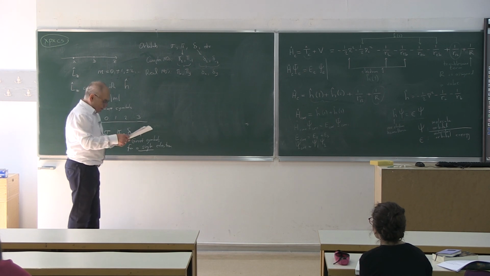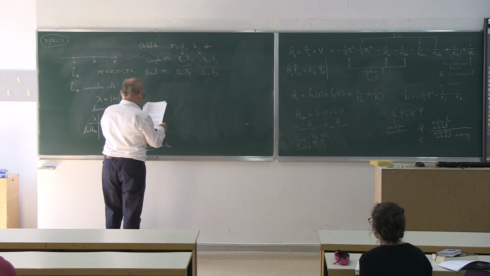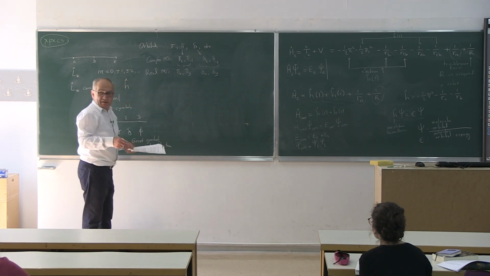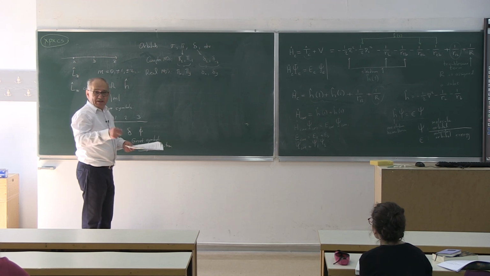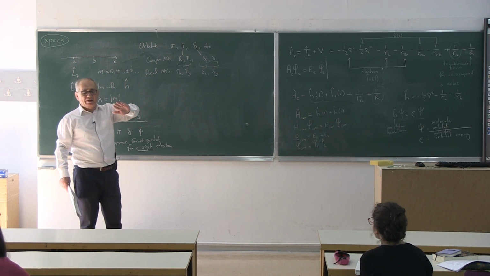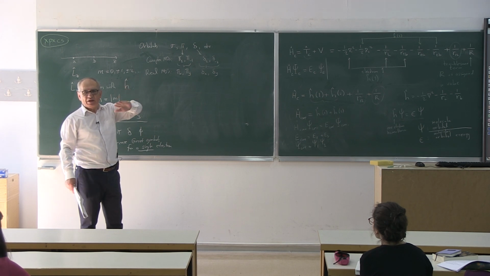And the property is nodal plane. We have discussed what a nodal plane is before, but let me remind you again. A nodal plane is a plane on which a function has 0 value everywhere on the plane. That's a nodal plane.